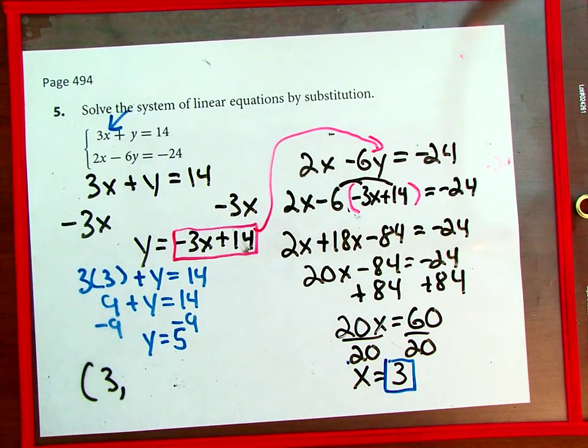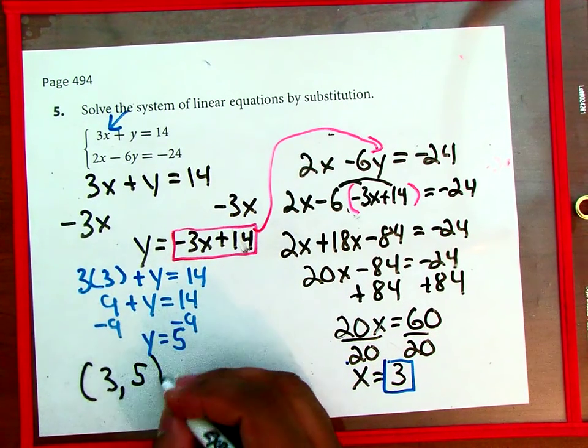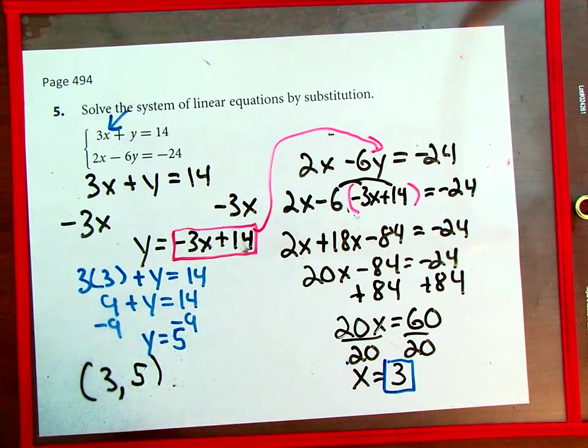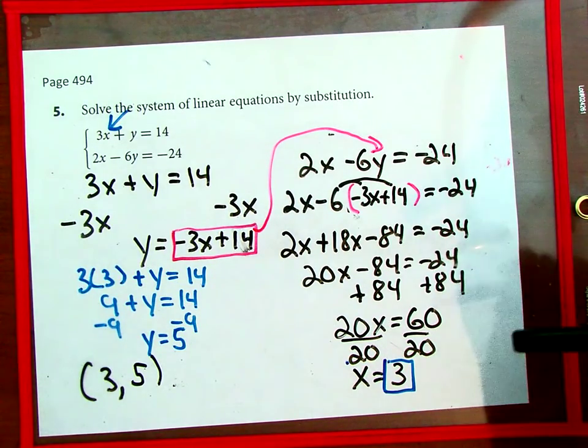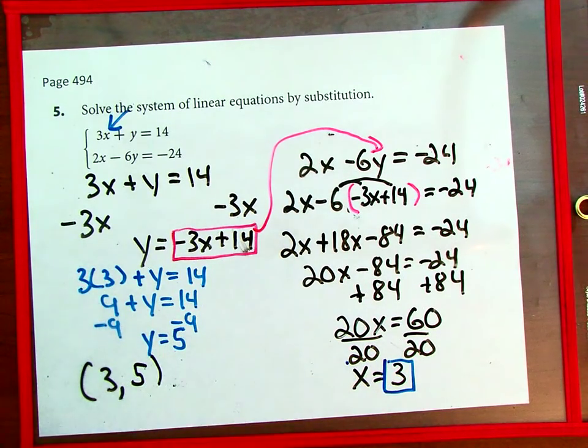Now that I know x is 3 and y is 5, I'll plug 5 in here. And that's my solution, (3, 5). So that's solving a system of linear equations when it comes out perfectly and you get two values. We'll take a look at some special cases next.